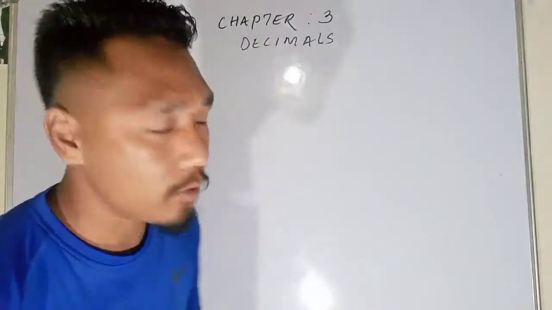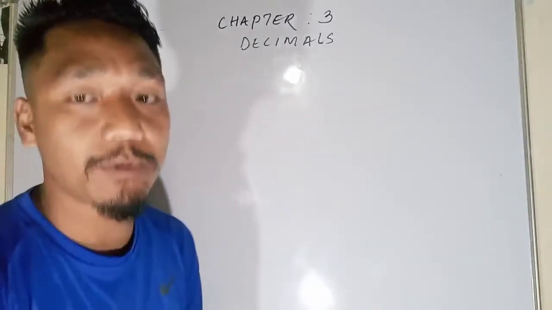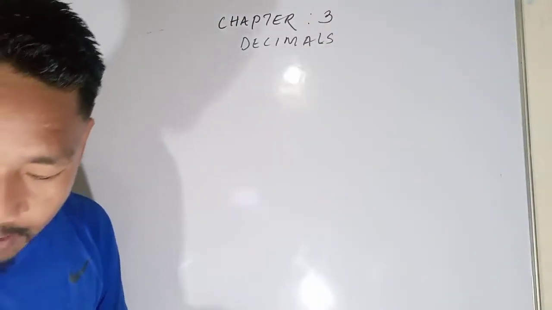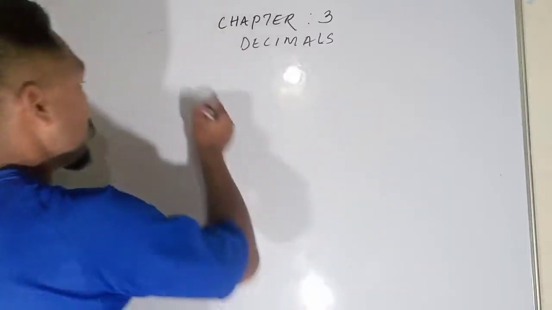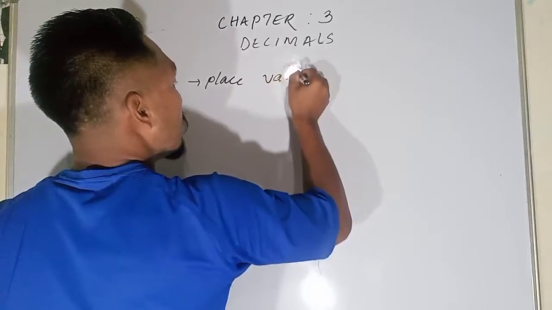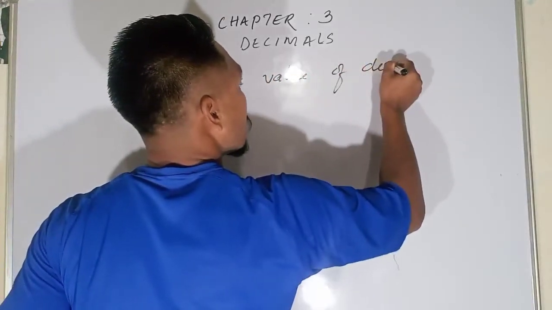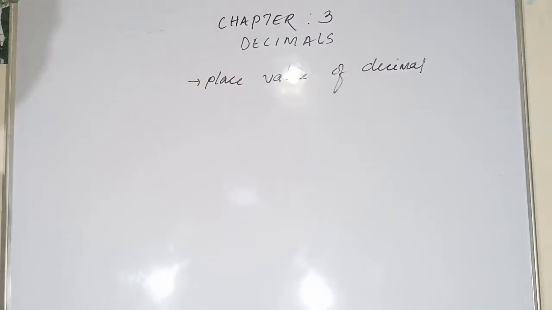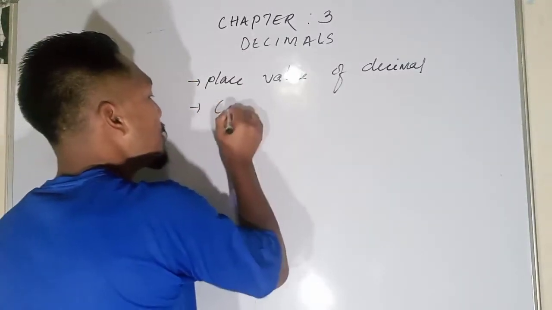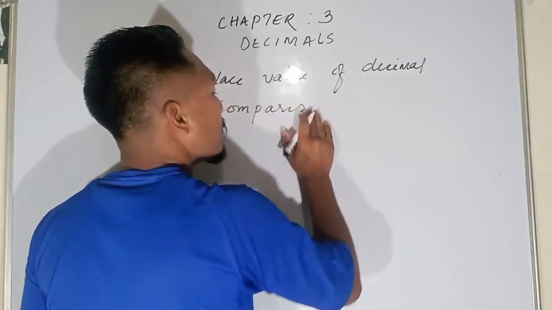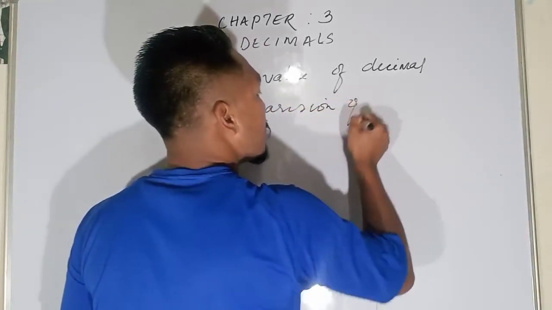In this video we will be studying chapter number 3, which is decimals. In this chapter we will be studying the place values of decimals. The first topic we will be learning about is the place values of decimals and comparisons of decimals.